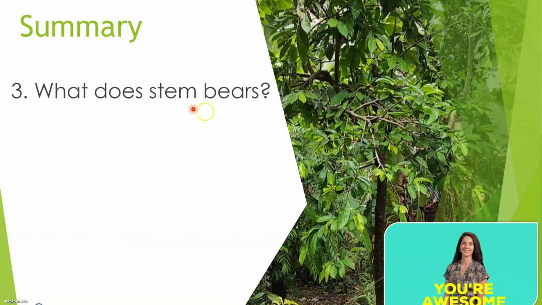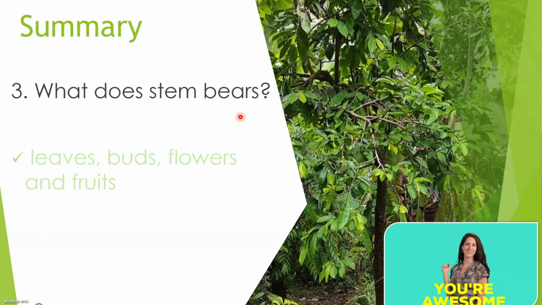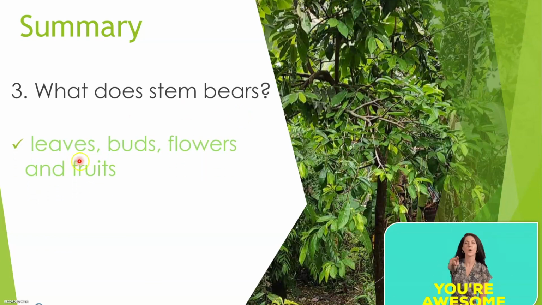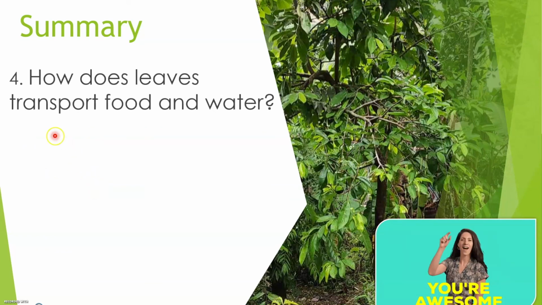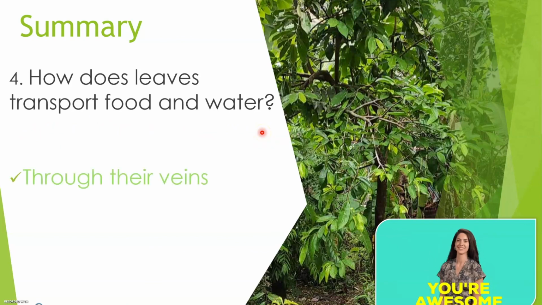The third question. What does the stem bear? Good job. Leaves, buds, flowers, and fruits. Good job, everybody. The fourth summary question. How do leaves transport food and water? Very good.